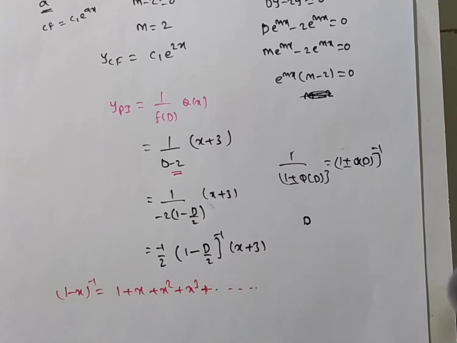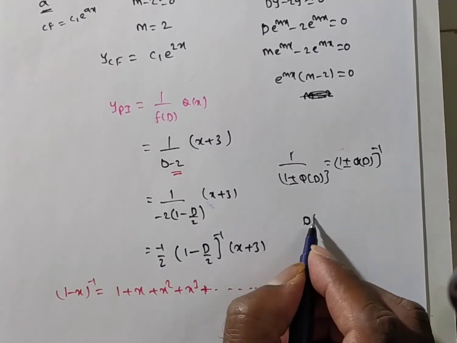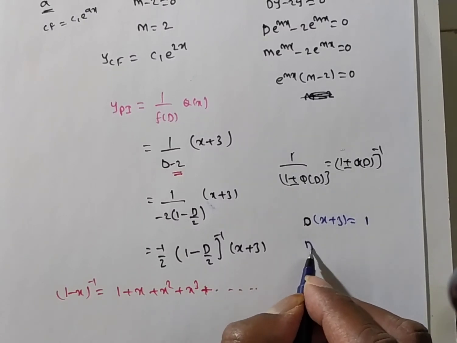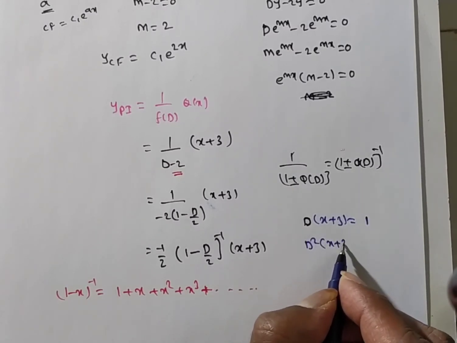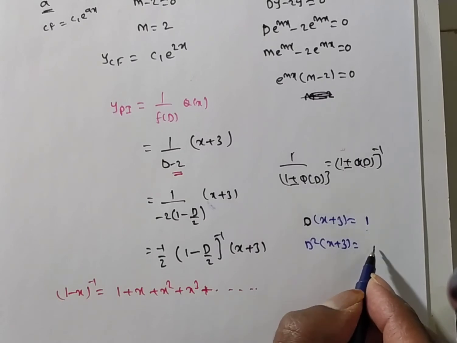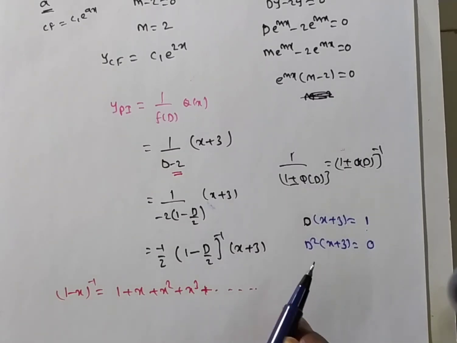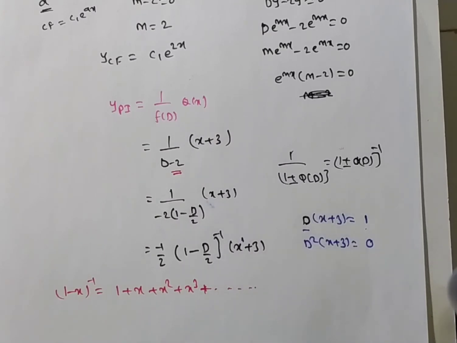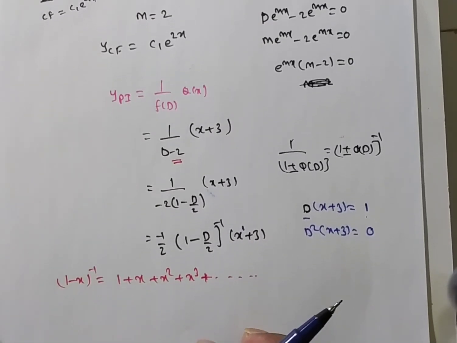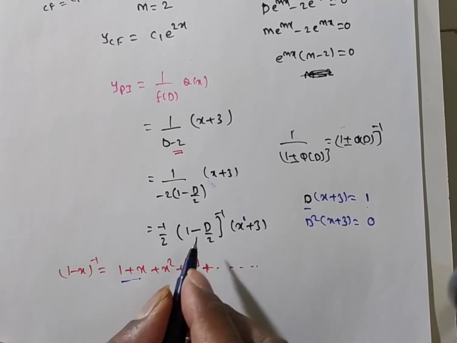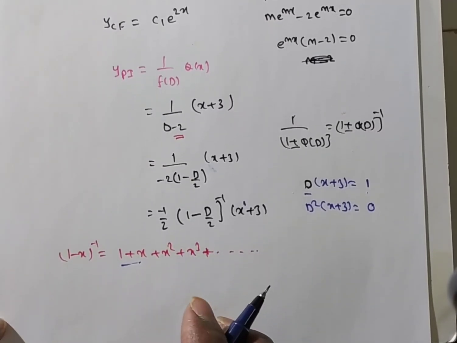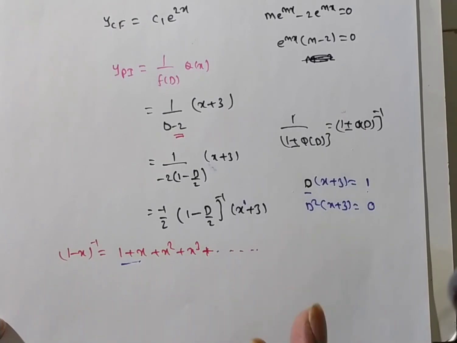Friends, you see, what is the derivative of x + 3? The first derivative is 1. The second time you differentiate, the second derivative is 0. So a maximum of D is enough, because the index of x here is 1. That is why in the binomial expansion we have to take 1 + x only, nothing but D terms only. No need for D², D³, D⁴. The highest power of D is not required.